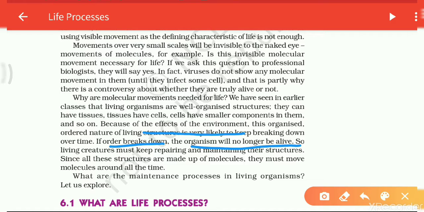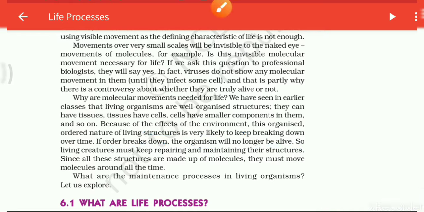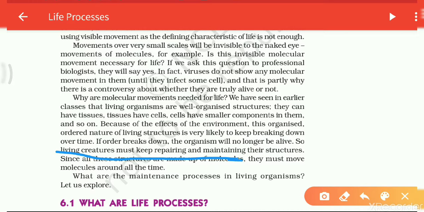So we can say that living creatures must keep repairing and maintaining their structures. Since all these structures are made up of molecules, they must move molecules around all the time.